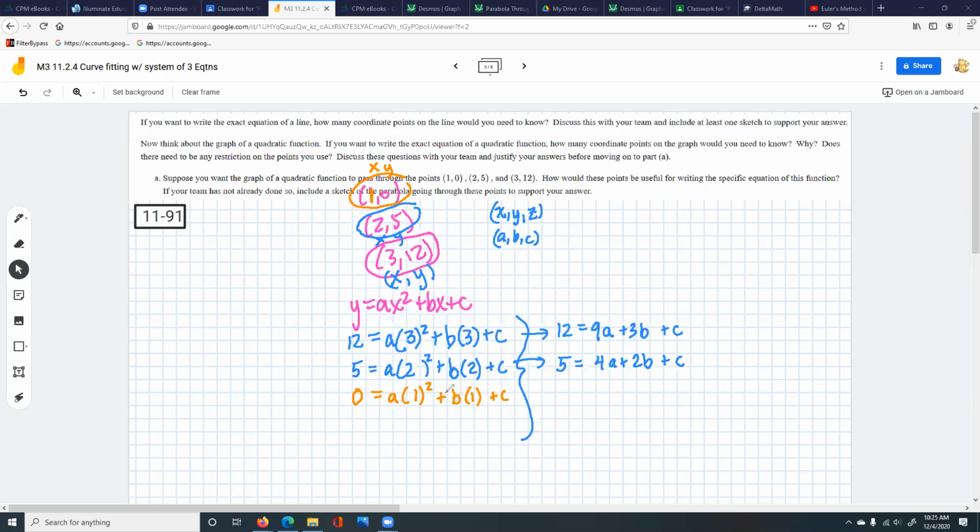I'm going to simplify this by multiplying all the 1's out. So 0 equals 1 times a, or just a, plus b plus c. Okay, now we have a system of 3 equations, 3 unknowns, so we can solve this system, just like our x, y, z's from the other day.